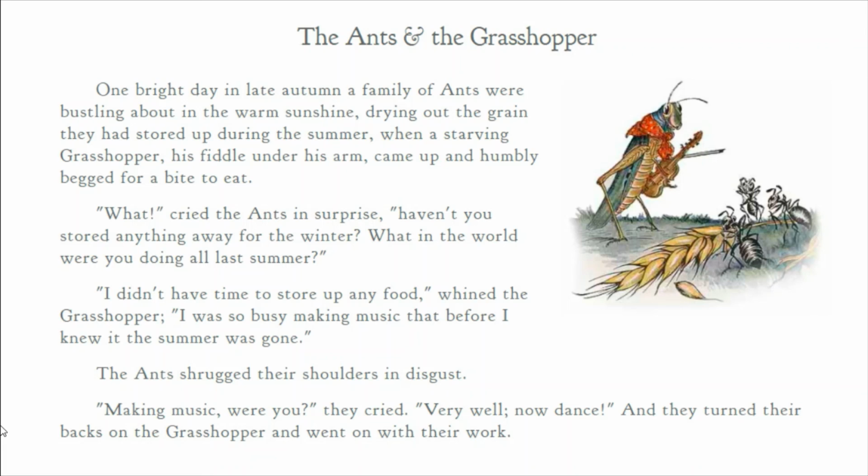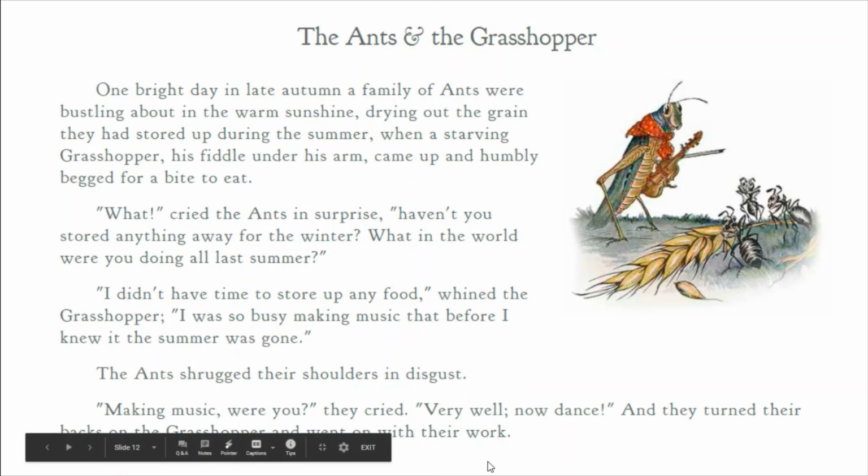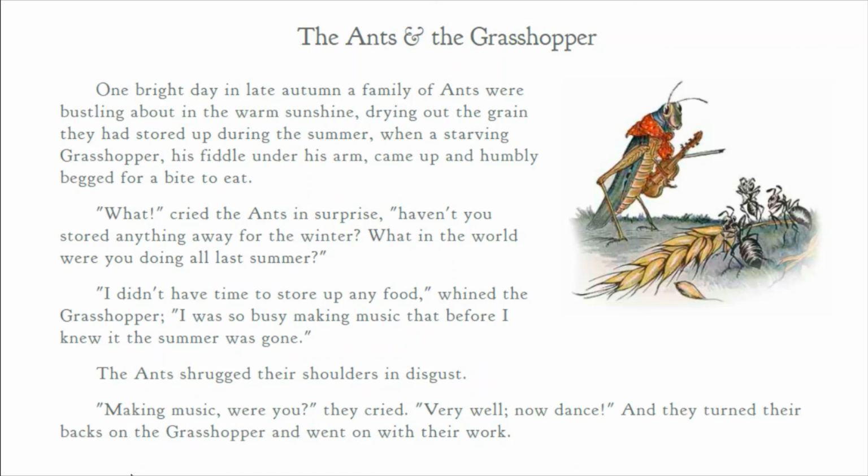If you don't read the story, it would be impossible for you to identify all of the elements of a story. From the title, you can get the characters, but then you do need to find out the setting, and you need to find the problem, and you need to find the solution, right? So you got to read the story. That's right. So number one is read the story.